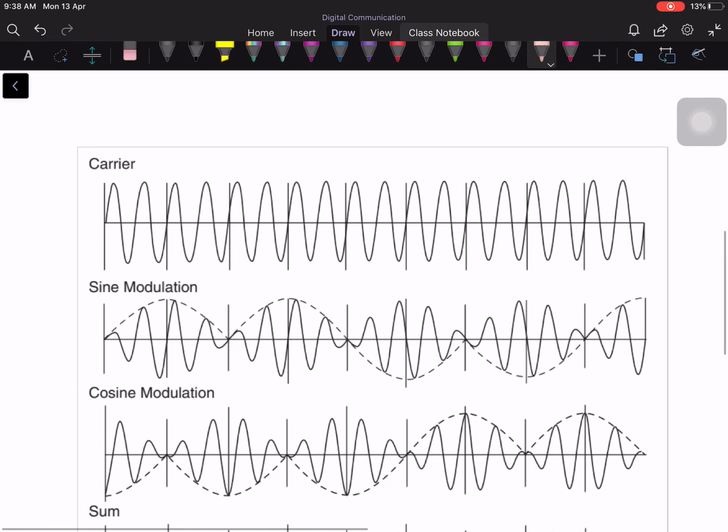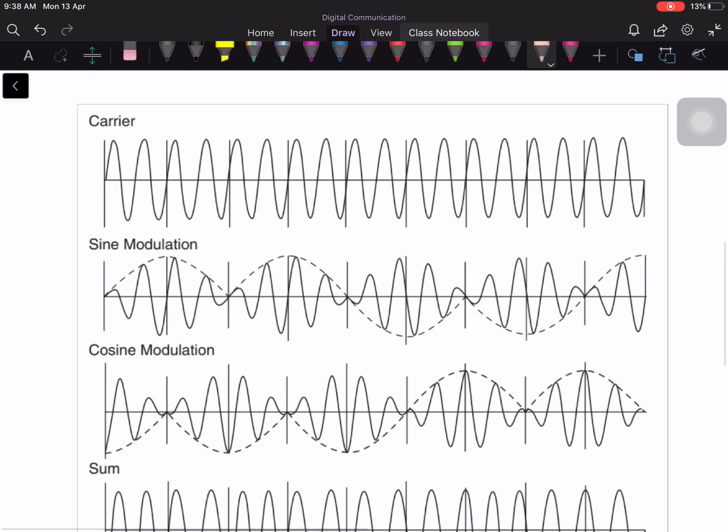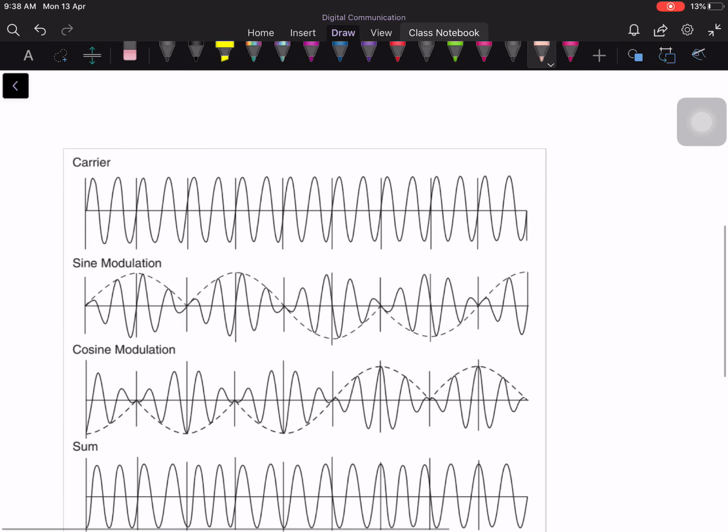If you look at the waveforms here, this is the I channel. We have already seen this, and this is the Q channel. The I channel is modulated by a cosine waveform and the Q channel is modulated by a sine waveform, and these waveforms look like amplitude modulated signals, that is, DSB-SC kind of modulated waveforms.